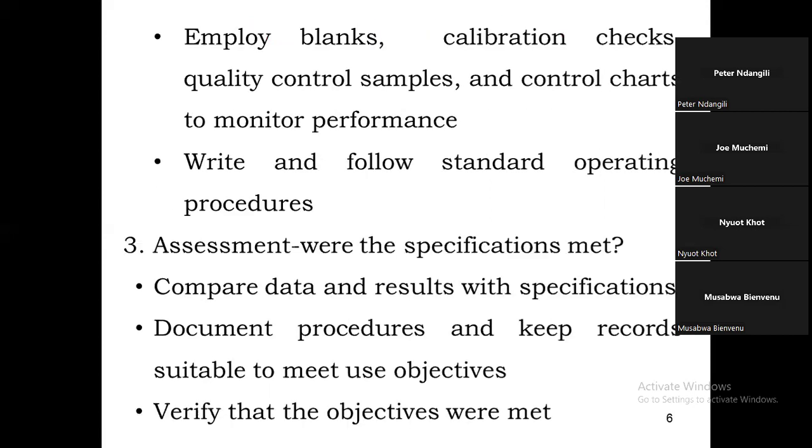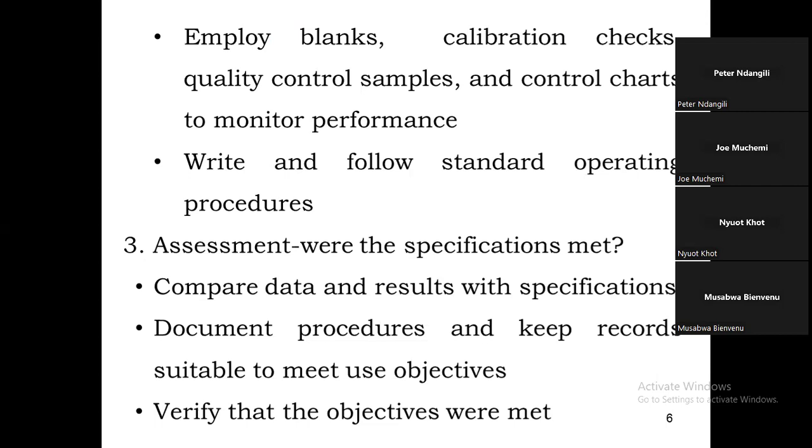You need to employ blanks, calibration checks, quality control samples, and control charts to monitor the performance of your analytical procedures. You need to write and follow your standard operating procedures. Remember, we talked about standard operating procedures in the beginning of this unit.